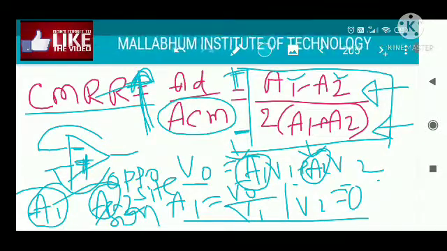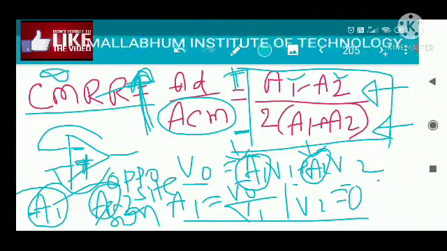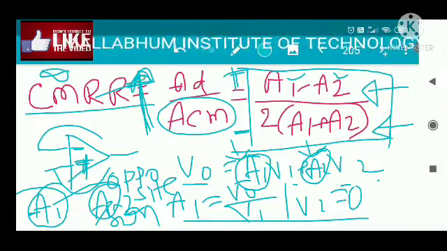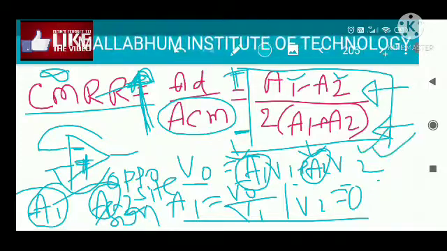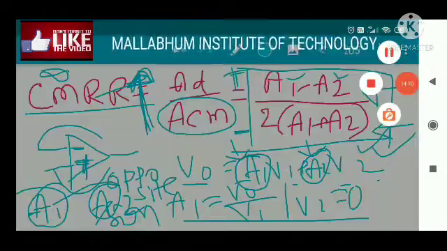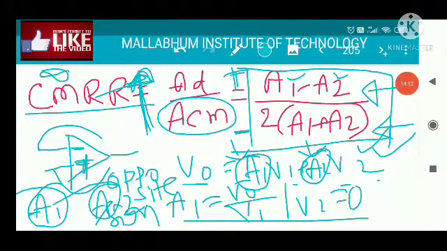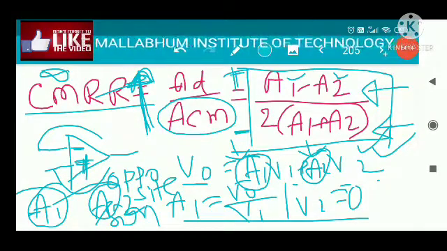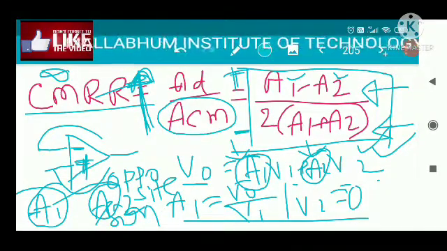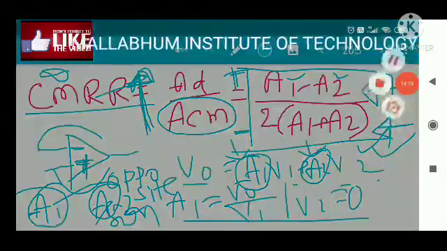For a good operational amplifier, CMRR should be infinite in the ideal case, and in the practical case CMRR should be high. It will be very clear from this equation. So this is all about the concept of CMRR.